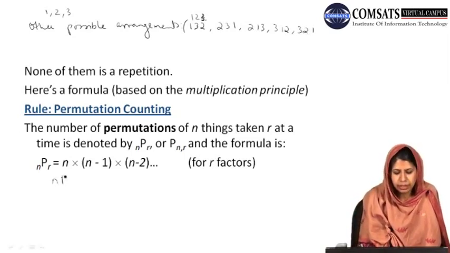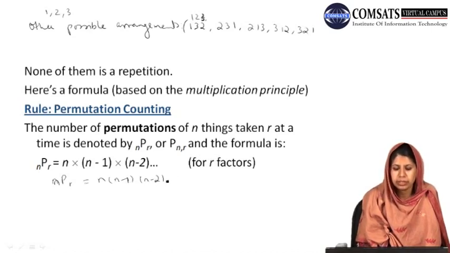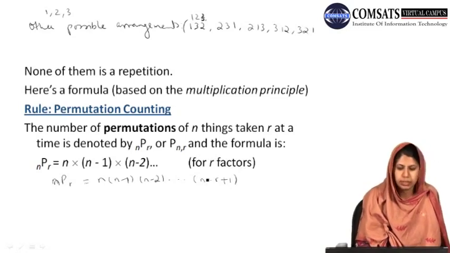That is, nPr is the product of n into n minus 1 into n minus 2 up to n minus r plus 1, that is up to r factors.